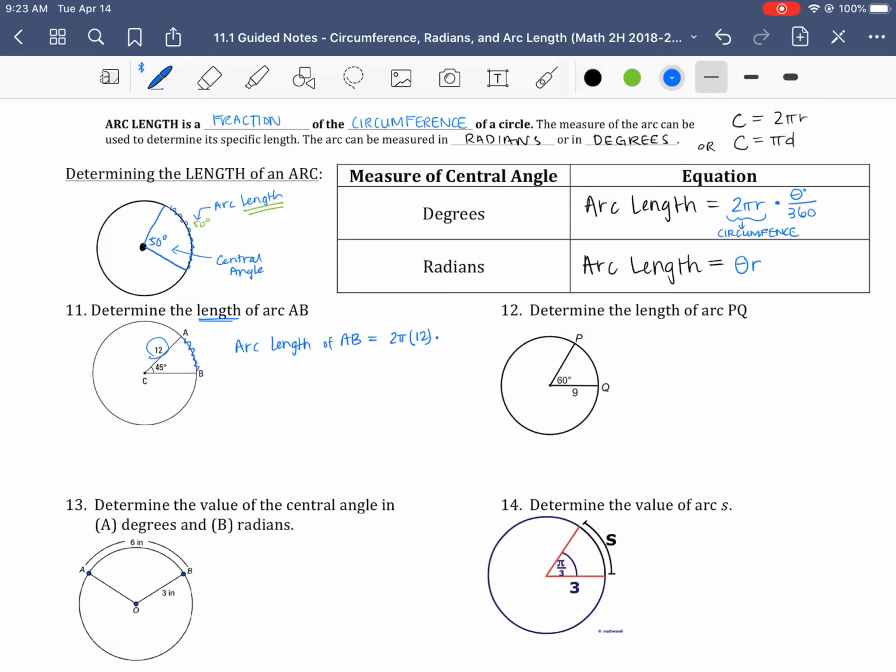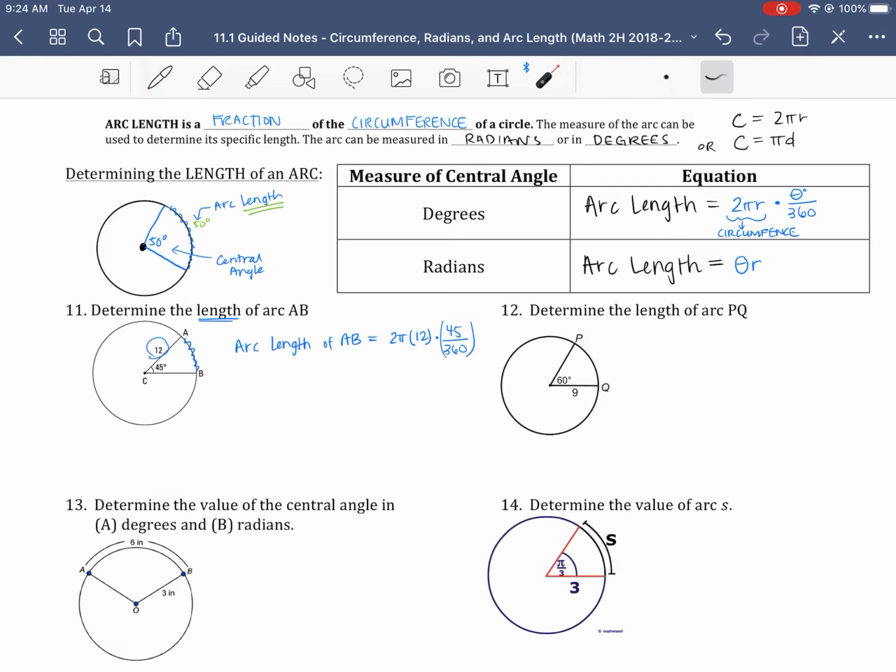So I'm going to put 12 in here. Then we multiply that by the central angle divided by 360. In this case, we've got 45 degrees over 360. I'm going to put that in parentheses just so that when you're plugging it into your calculator, it makes sense what you're looking at.